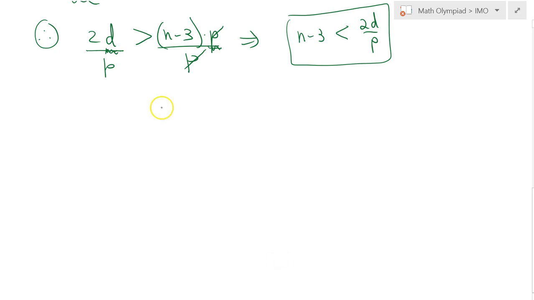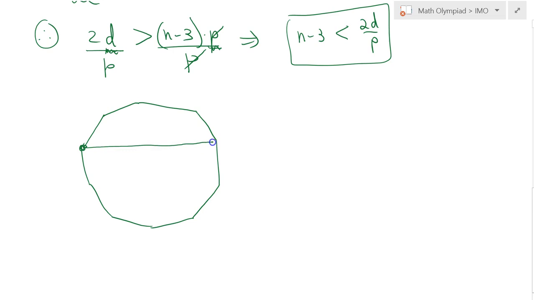If you have an n-gon, let's say you have this following n-gon, let's consider this simple n-gon, and consider any given diagonal of it. We have all these vertices of this n-gon.